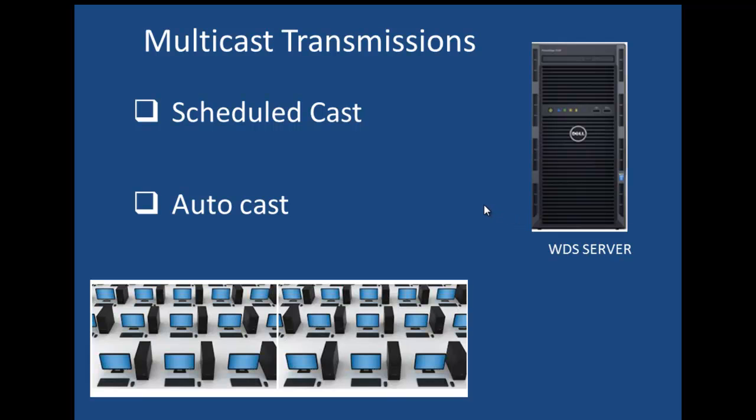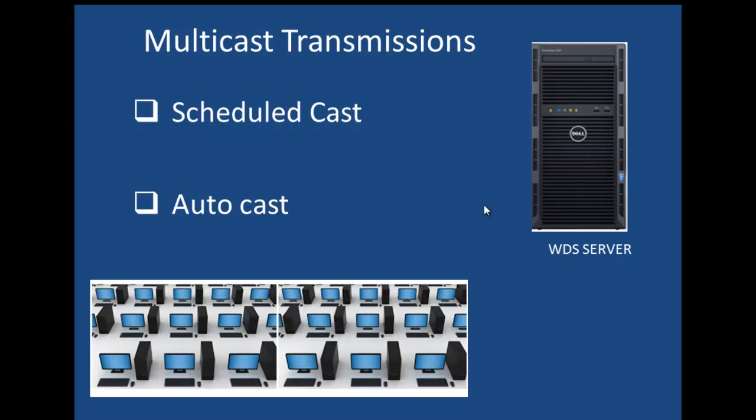Hello everyone. In this session, we want to talk about multicast transmission using Windows Deployment Services. When we are transmitting large operating system images over the network, we agree that Windows Deployment Services is an efficient way of transmitting these images.